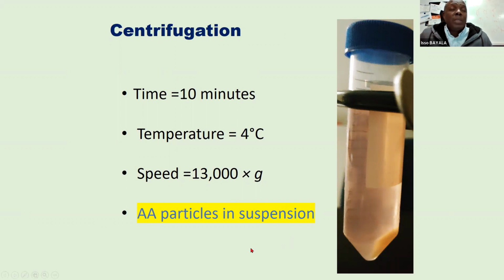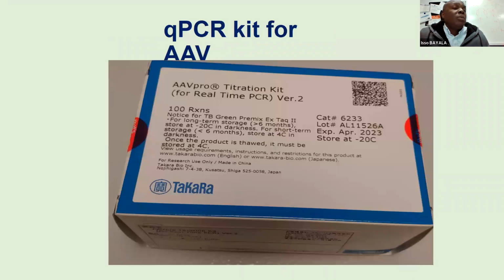In the second part of this project, we did the quantitation of the virus particles. Up to here, we didn't know if we had virus particles or not. We just followed the protocol. But there is a qPCR kit with primers that are specific to AAV2.